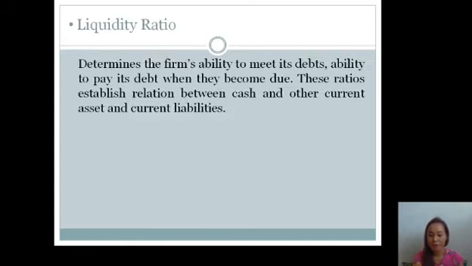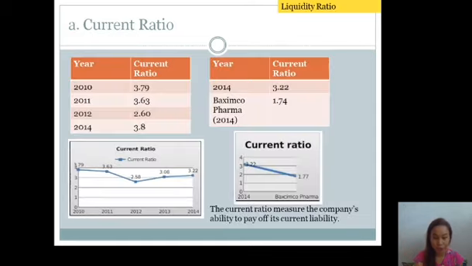So when we say liquidity ratio, it determines the firm's ability to pay its debt when they become due. This ratio establishes relations between cash and other current assets. Commonly used ratios are the current ratio and the quick ratio.